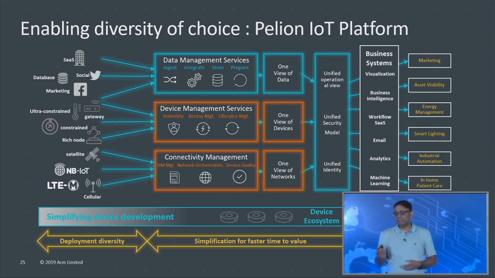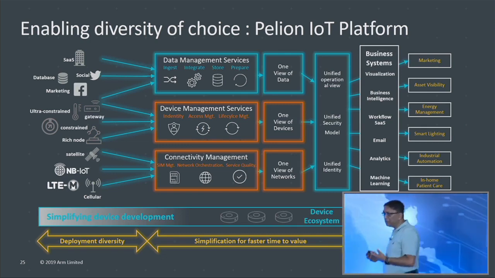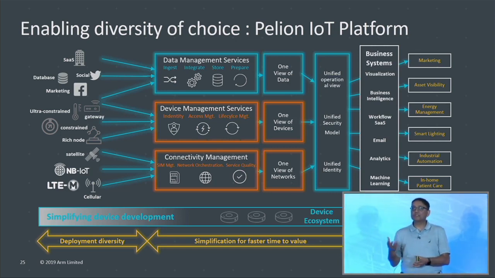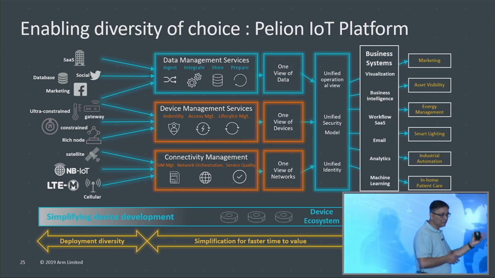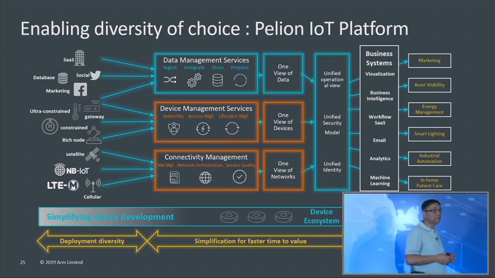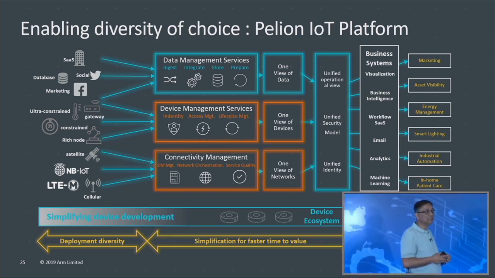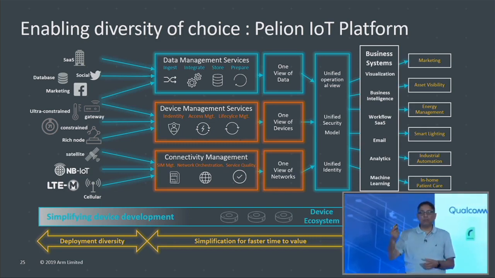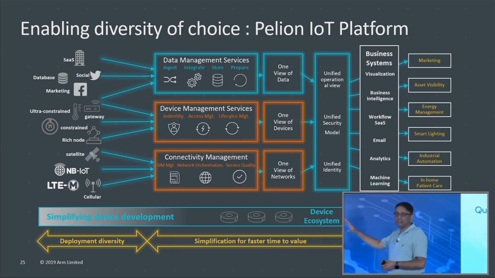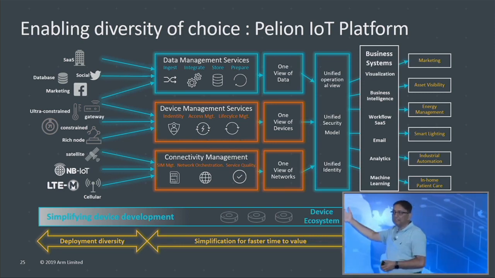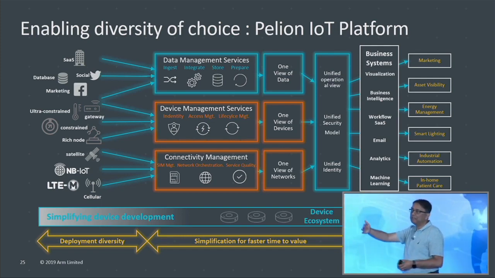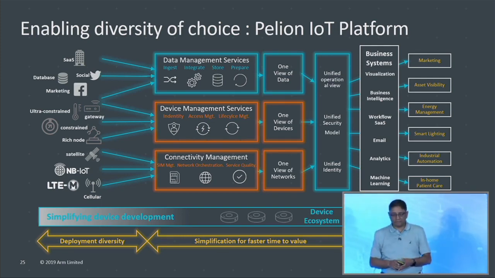This diversity of choice, we think, is going to be really important for customers to start adopting IoT for a variety of reasons. In some cases, the data cannot go outside the country because of regulatory requirements. So we believe that for IoT to scale, services like these will need to be available in different regions, and in different hybrid environments as well.